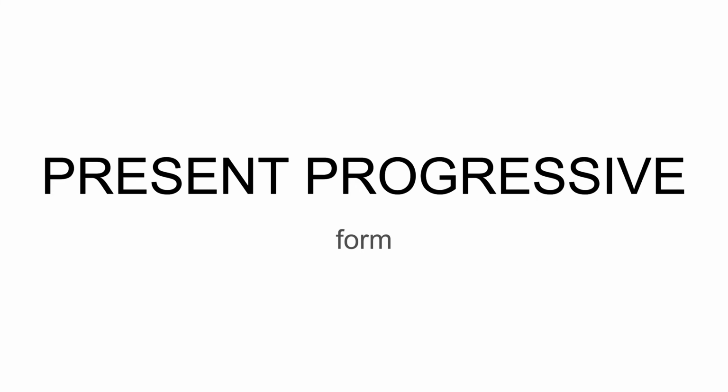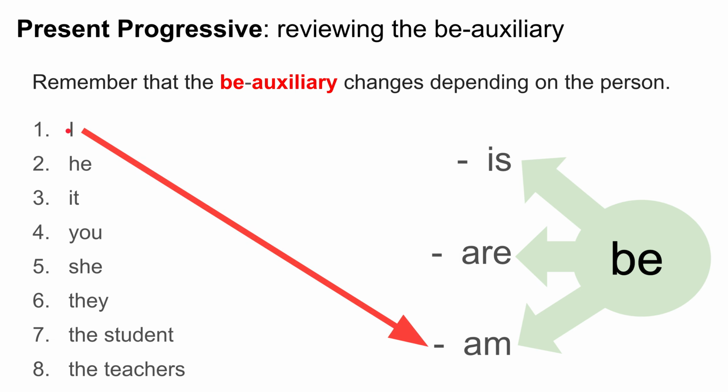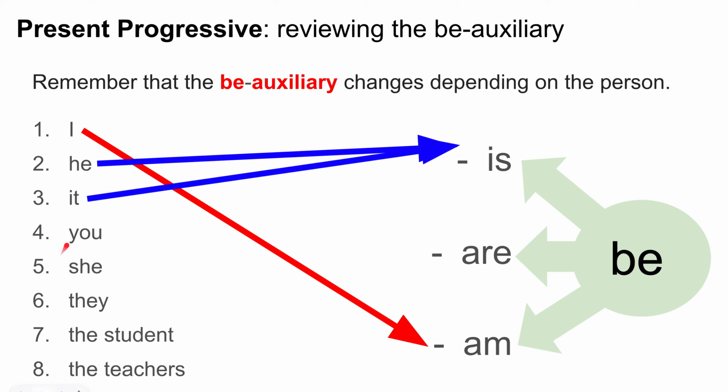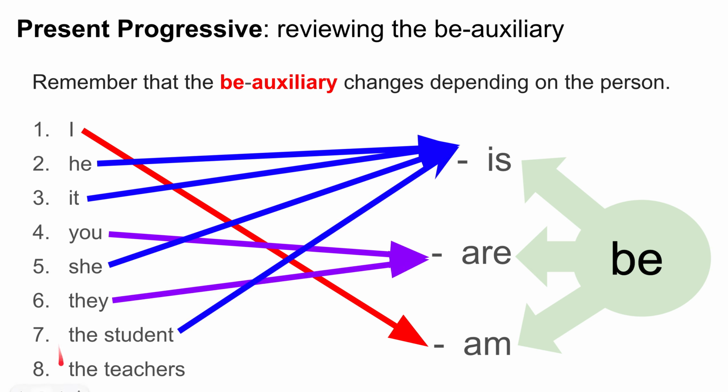Okay, so let's look at the form. Before we start, let's review the be auxiliary. Remember that the be auxiliary changes depending on the person. There are three forms of the be auxiliary: is, are, am. If I use I, then I say I am, he is, it is, you are, she is, they are, the student is, the teachers are.